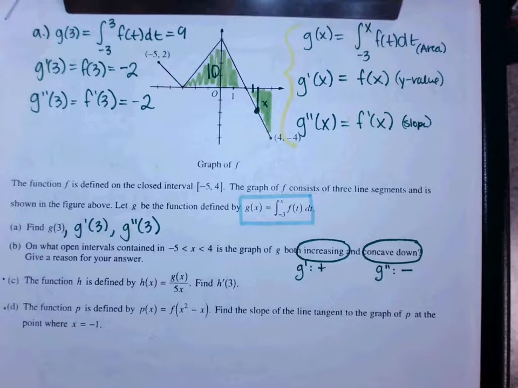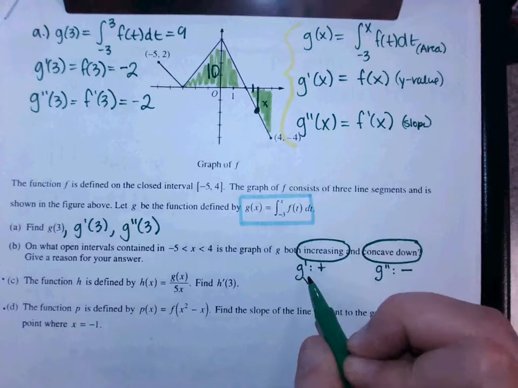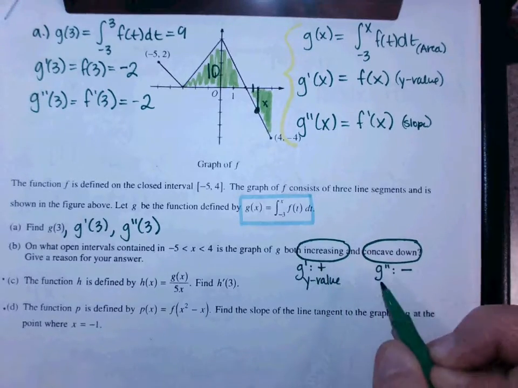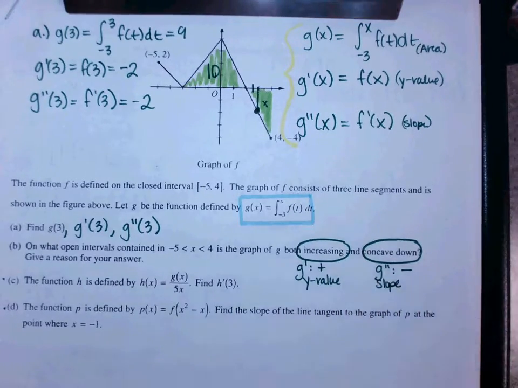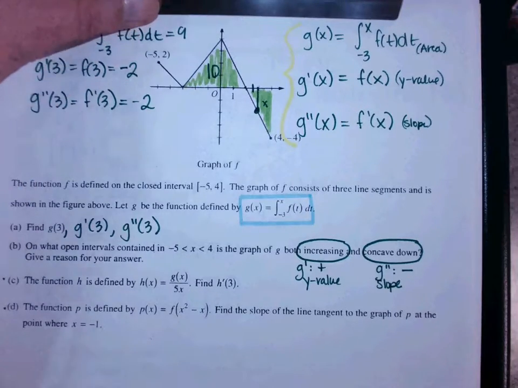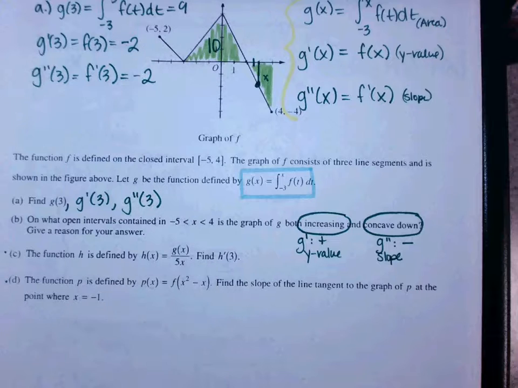Now remember, what characteristics are those in the graph? The y value, okay, y value here, slope here. So find the intervals where you have a positive y value but a negative slope. There should be 2 chunks of your graph.